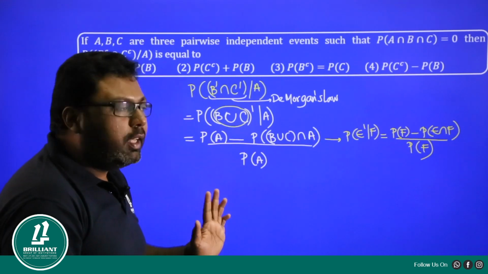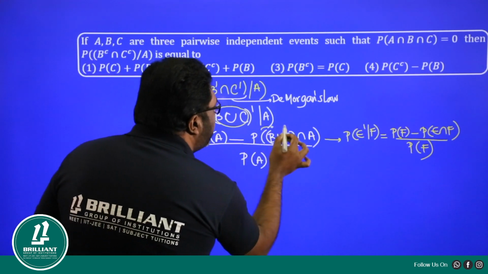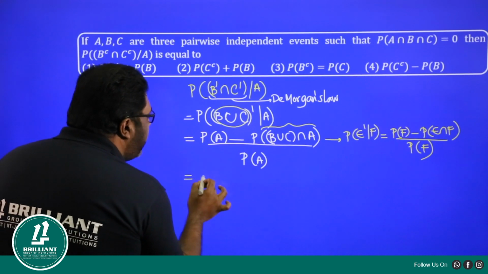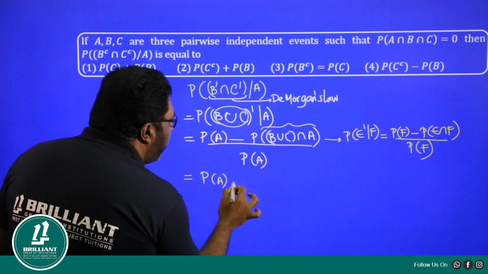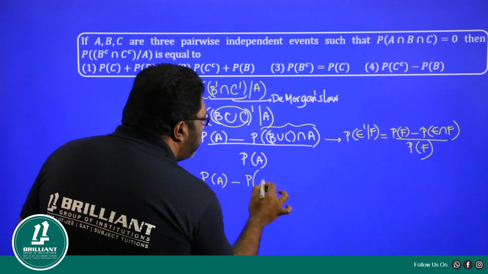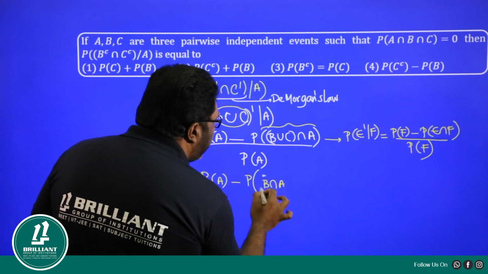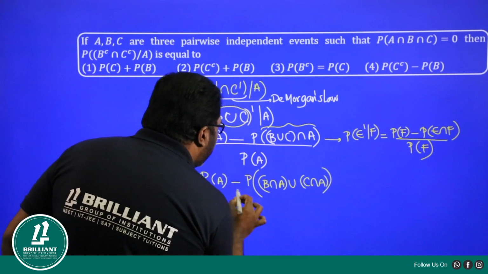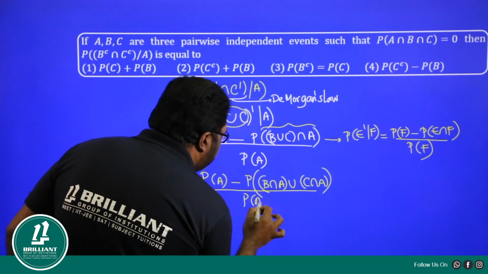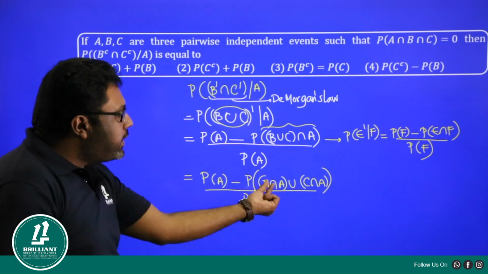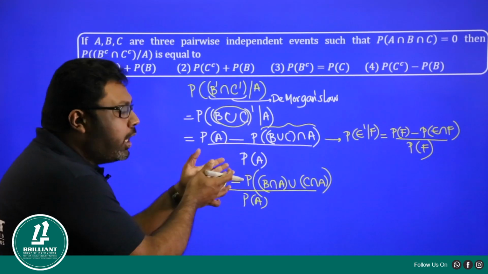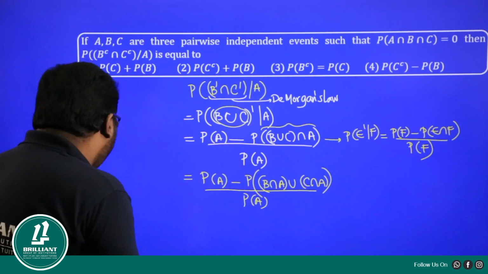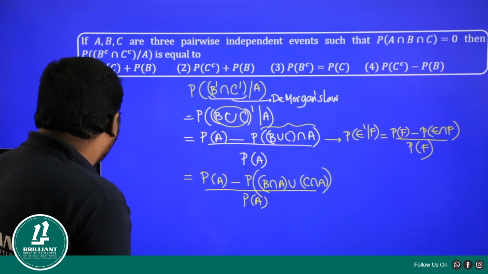Is it understood? Yes. Now open this using the distributive property. Using the distributive property, I will get probability of A minus the probability of B intersection A union C intersection A, divided by the probability of A. Now, B intersection A union C intersection A is a union of two events. How do you write the union of two events?